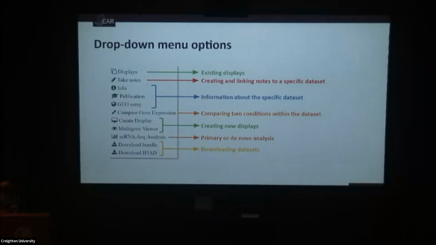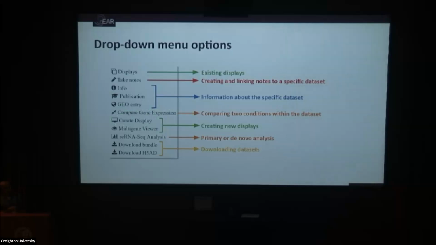Yeah, there's a note-taking tool where you can take notes privately or publicly on that data set. Information box gives you anything the authors have submitted, so much longer descriptions of how the data set was generated, things like that. Links out to PubMed or GEO. And then we get into the tool area. So comparing gene expression is how you perform those XY scatter plots.